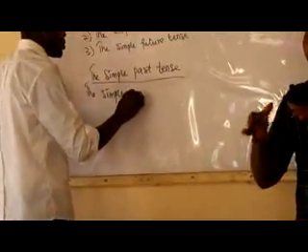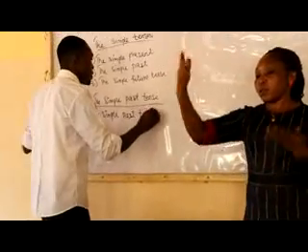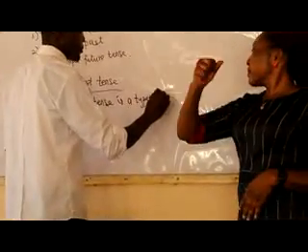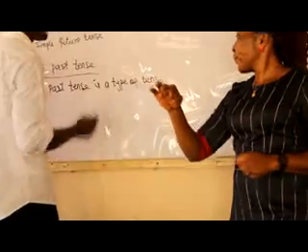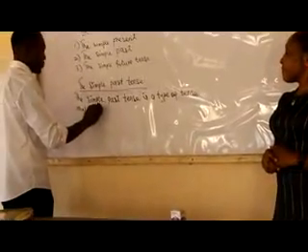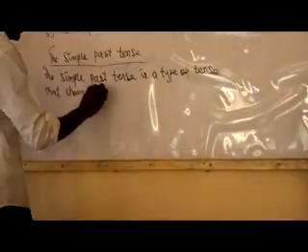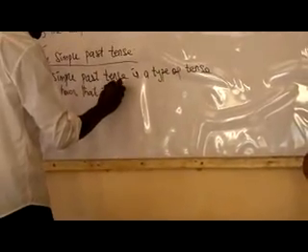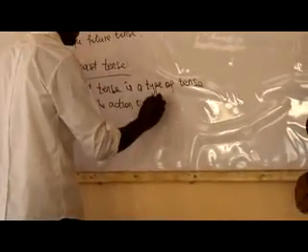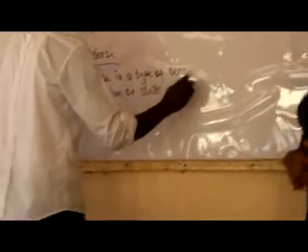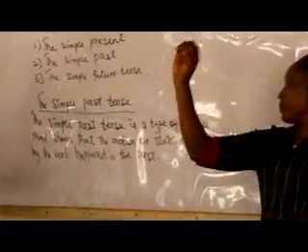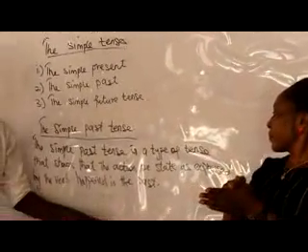The simple past tense is a type of tense that shows that the action or state as expressed, we have told you that in realizing a simple past, you don't normally have more than one verb element.